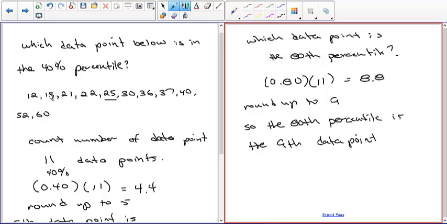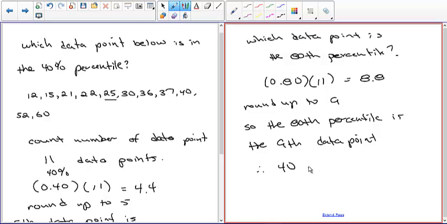So we just count 1, 2, 3, 4, 5, 6, 7, 8, 9. So therefore 40. So which data point is the 80th percentile? It's the 9th data point, which is 40.